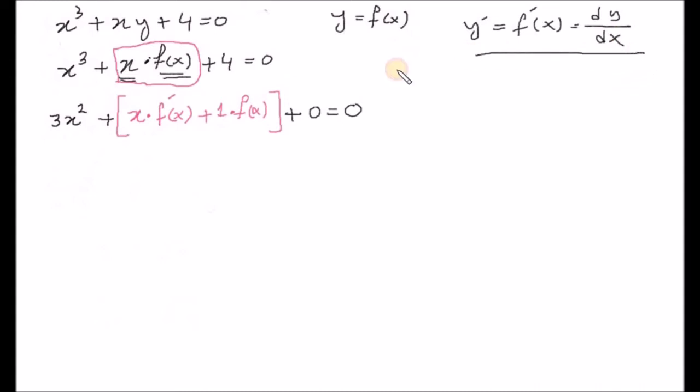Those are all the same. So I can leave it like that and then solve for f prime of x, because that is what's equivalent to y prime, and it is equivalent to dy over dx as well.